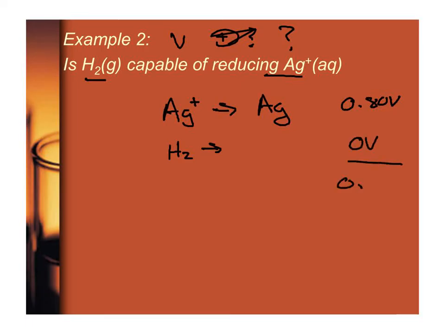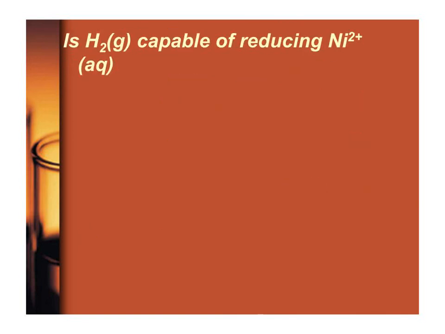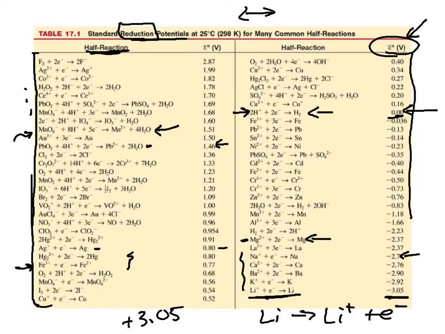So does that add up? That adds up to 0.80 volts. So yes, it is possible because I got a positive answer. This is positive 0.80. Is it capable of reducing nickel? So we have H2, which we just learned is 0 volts. If I want to reduce the nickel, Ni positive 2, down to nickel, let's go look it up on our table.